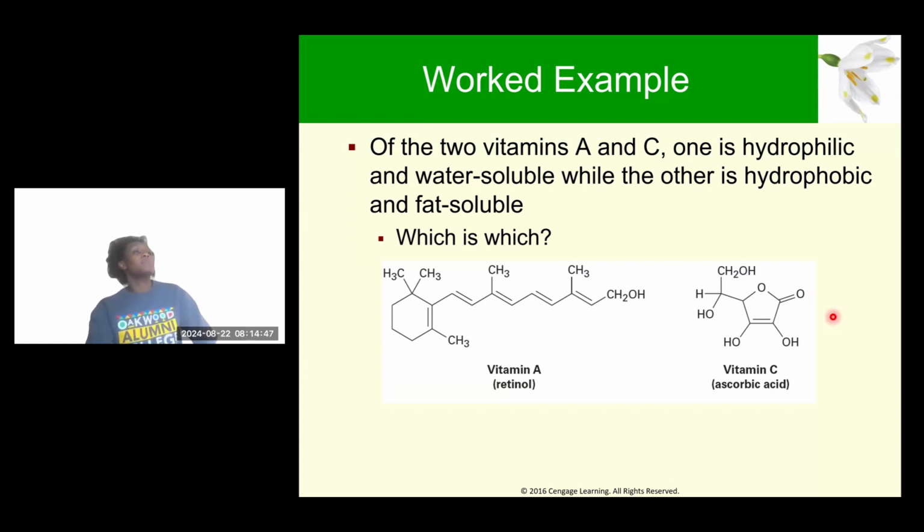So if you notice, vitamin C has oxygens throughout it, okay? And it's going to be polar, okay? Because you have these oxygens, hydrogens, oxygens. These are all polar things that can have hydrogen bonding.